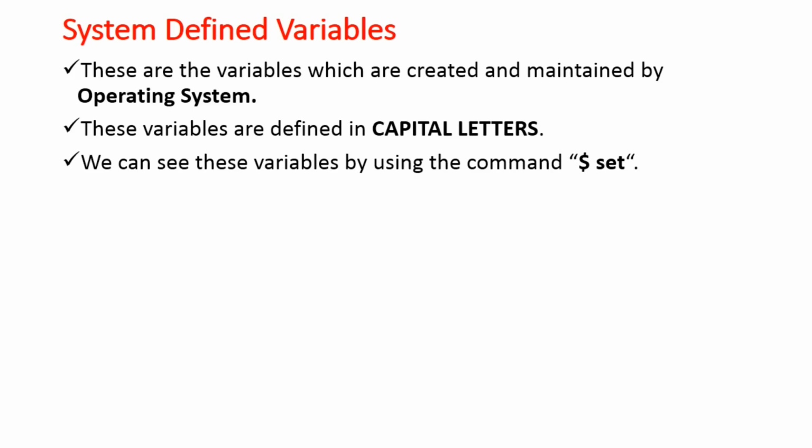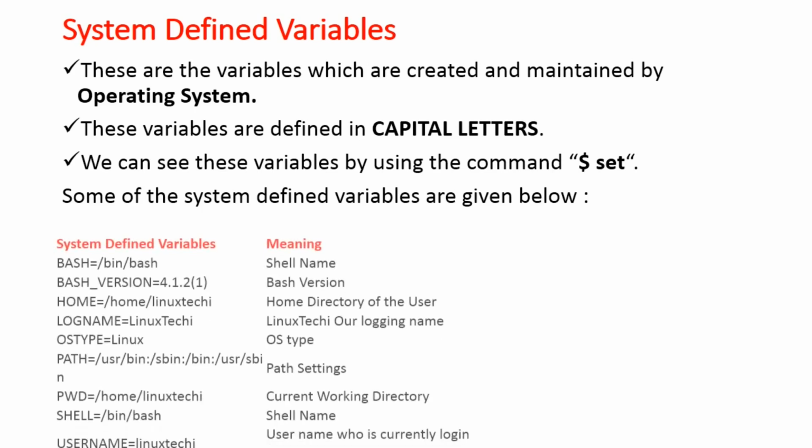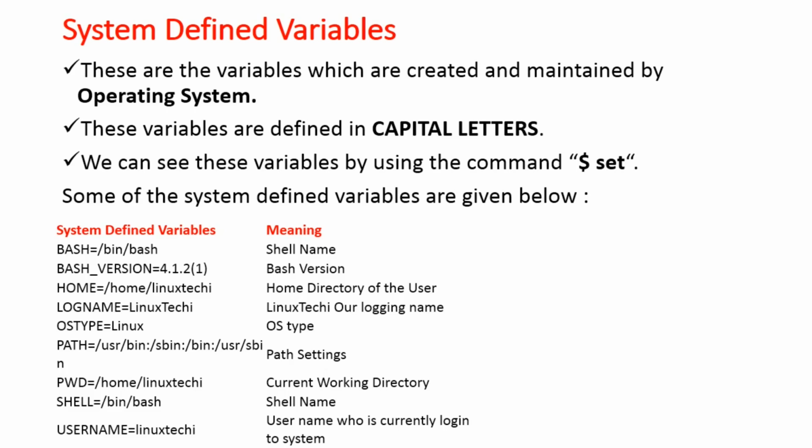You can see these variables by using the command set. If you want to see all the system defined variables, you can use the command set. Some of the system defined variables are given below, with their meaning.